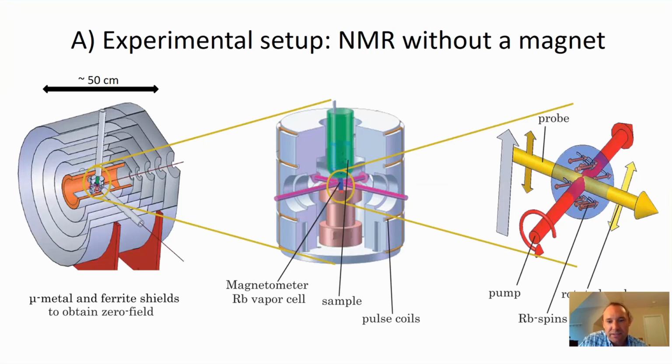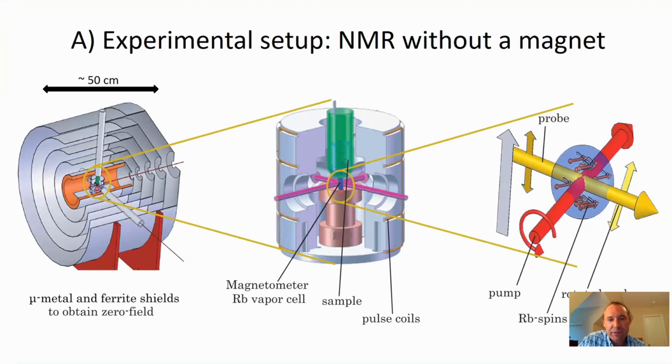To understand this, first consider that the pump beam makes all the rubidium vapor spins, the electron spins of the rubidium, aligned with the direction of propagation of the pump beam. So all the spins are pointing along the direction of the pump beam.